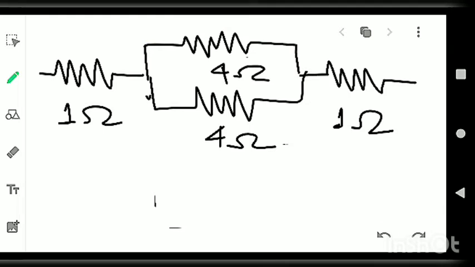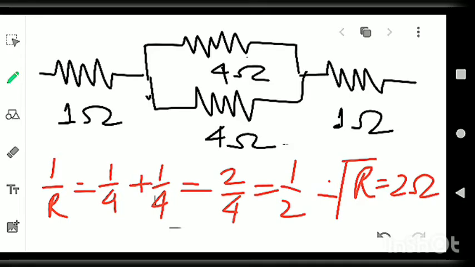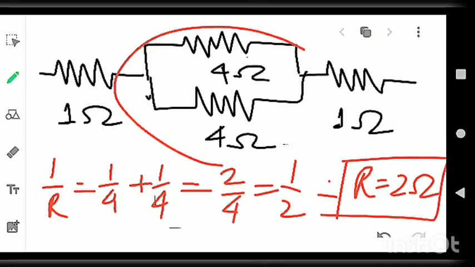So for two resistances of 4 ohms in parallel, 1 by R equals to half, and R equals to 2 ohms. So from the parallel connection of 4 and 4 ohms, we got a net value of resistance 2 ohms.